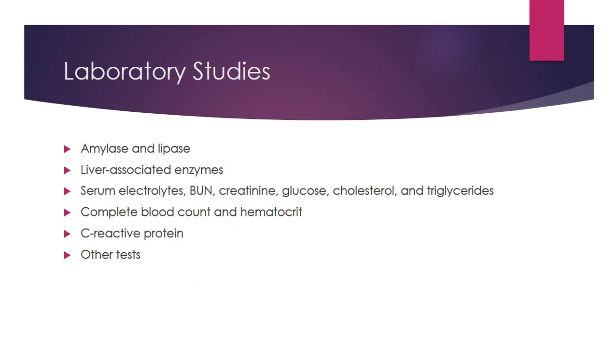Alright, let's move on to laboratory studies. Amylase and lipase. Serum amylase and lipase levels are typically elevated in persons with acute pancreatitis. However, these elevations may only indicate pancreatitis. In research studies, an amylase or lipase level at least 3 times above the reference range is generally considered diagnostic of acute pancreatitis.